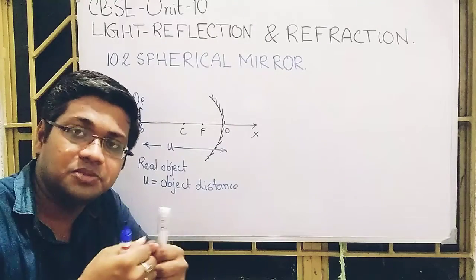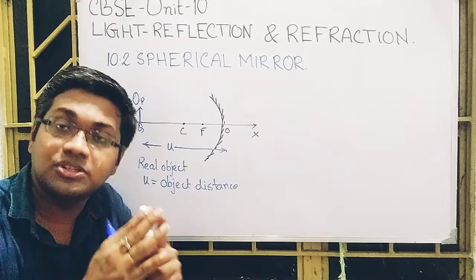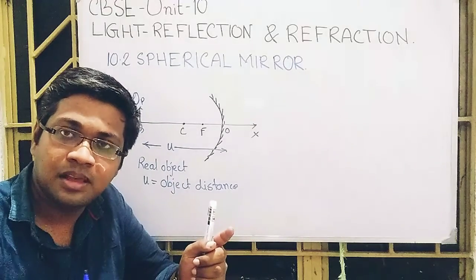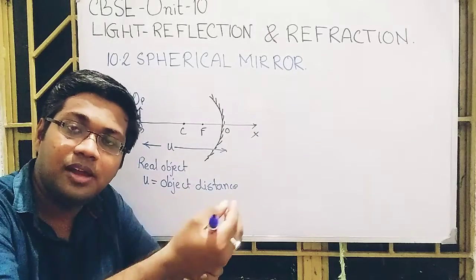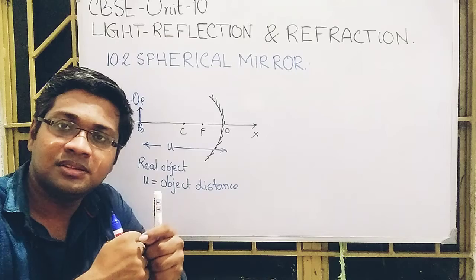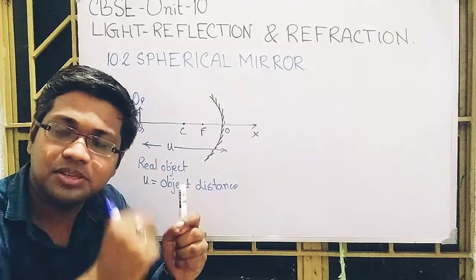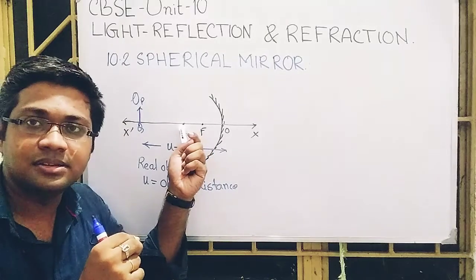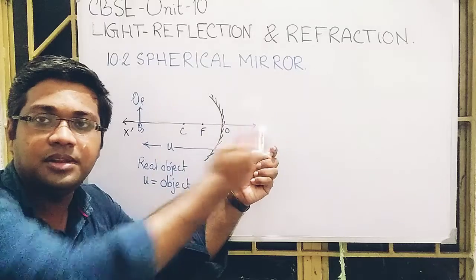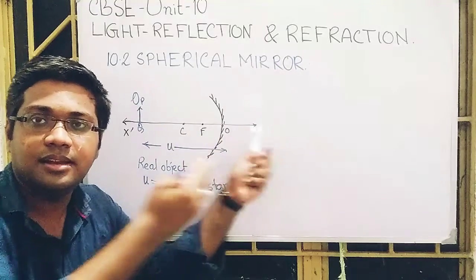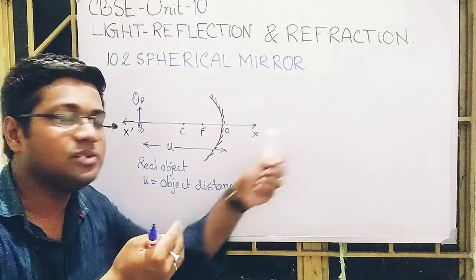But for a virtual image, the rays are not actually intersecting. The light rays appear to diverge from a point behind the mirror. So a real image will be formed on the left side, and a virtual image will be formed behind the mirror on the right side.